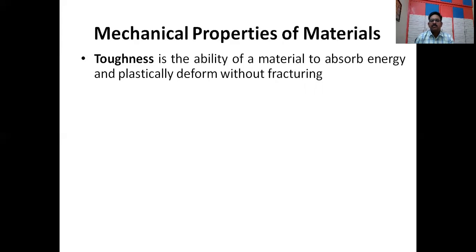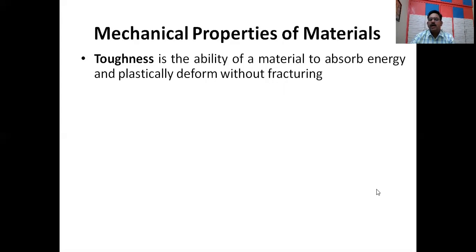That means whenever a load is applied, the material is subject to some energy. If it can absorb it without fracture, then that is called toughness. A material should be made tough because it should not fail.